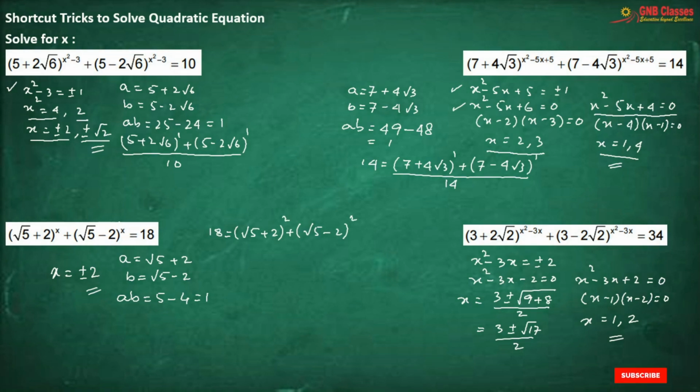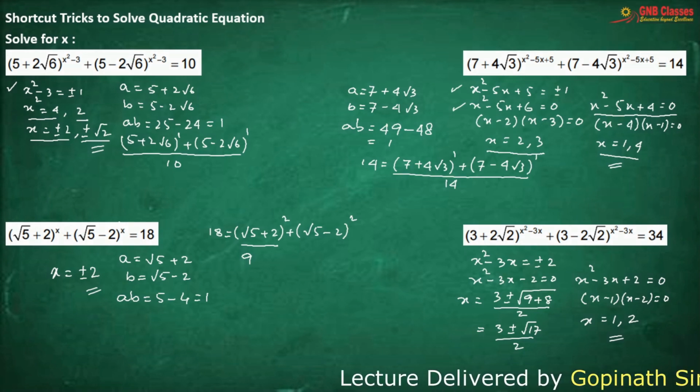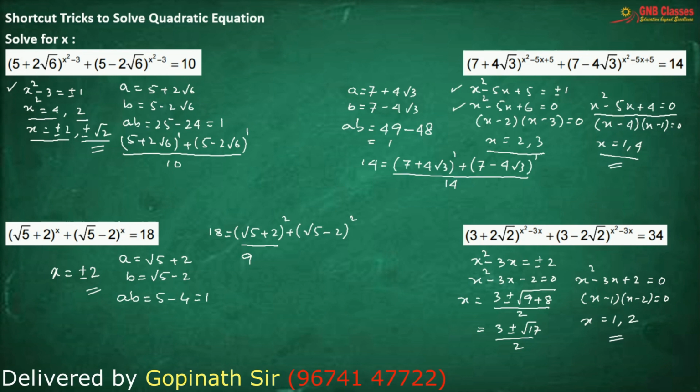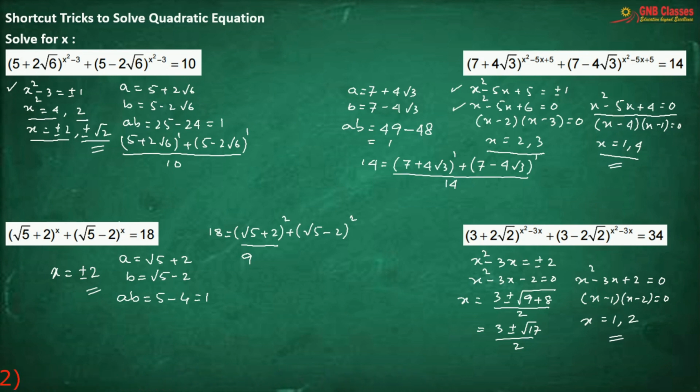If I open the bracket, from the first one we are going to get 9, because 2ab will get nullified with minus 2ab from the second bracket. So from the first bracket we are getting root 5 square plus 2 square, that is 9. And from the second bracket also we are getting 9, which is nothing but 18.